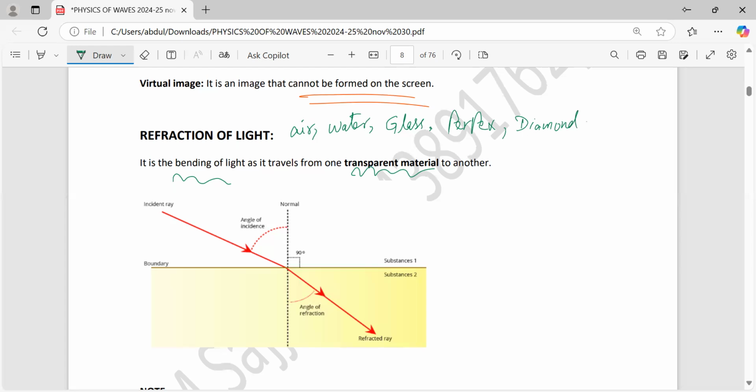Now all our questions will be moving around these 4 transparent materials for the refraction of light. Now you know air, you know water, you know glass, you know diamond.